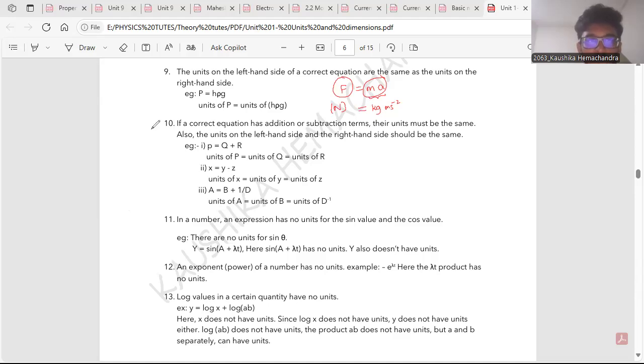Then the 10th one. Now for these laws to be applicable, the equation has to be correct, right? If a correct equation has addition or subtraction terms, their units must be the same. And units on the left hand side and right hand side should be the same. ඔකම අපි කරා දැන් නේ. අර මුලින්ම කිව්වේ a plus b equals c නම් units of a equals units of b and units of c. ඒකම තමයි. p තියෙන්නේ meters නම් q තියෙන්නේ meters, r තියෙන්නේ meters.